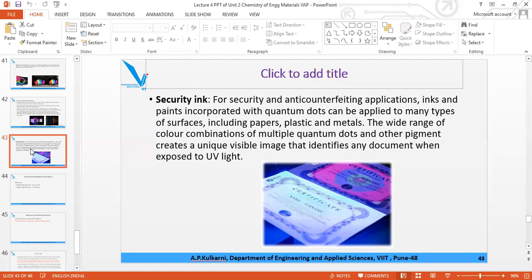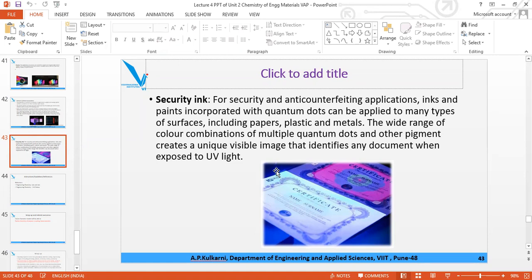And last is security ink. Here you can see these are certificates of merit or attendance or participation for which we are using quantum dots. Already we have seen that when UV light is incident on quantum dots, it emits color.